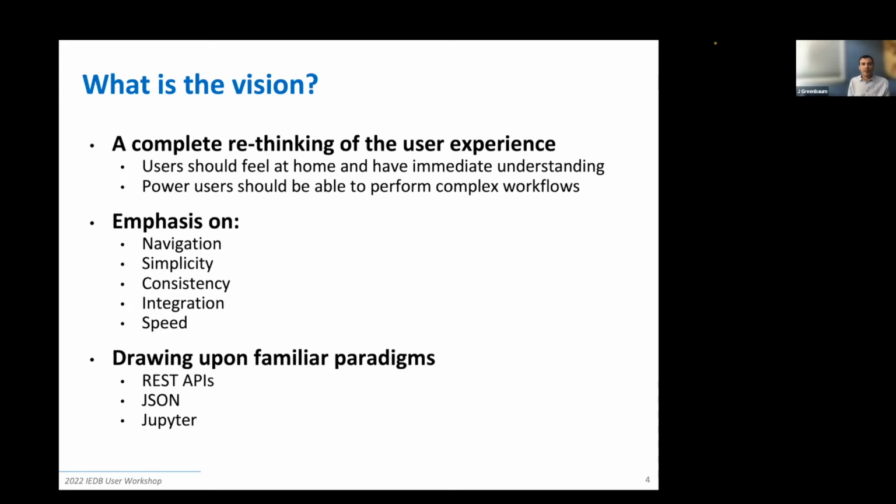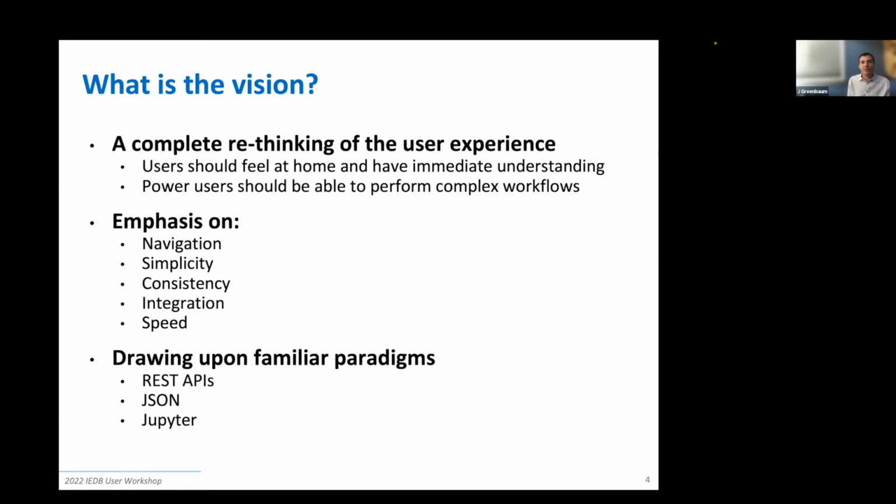And so we want to do all of that by emphasizing things like navigation, so making it easy to find the tool of interest and navigate between tools. Make sure things are simple, abstract away a lot of the more complicated things from the user, and use sensible parameters for the defaults.